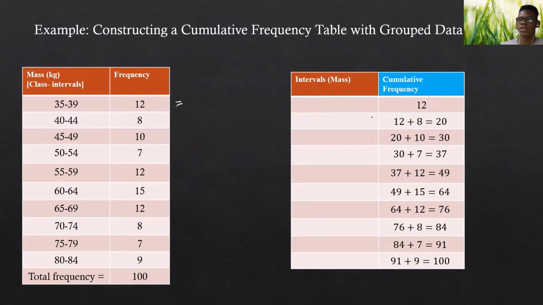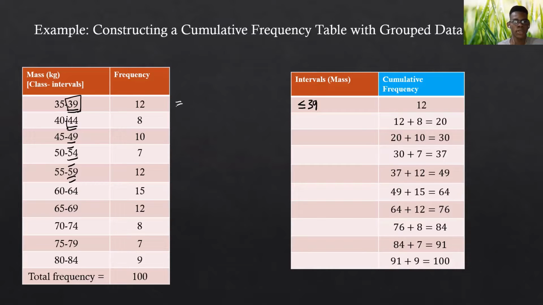So what you do under the observation column for your cumulative frequency table is that you take the upper limit. This is what we call the upper limit for the group. So you can put less than or equal to the upper limit for each of those classes or groups. So the upper limit for the first is 39, so less than or equal to 39.